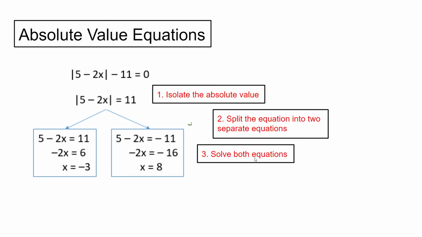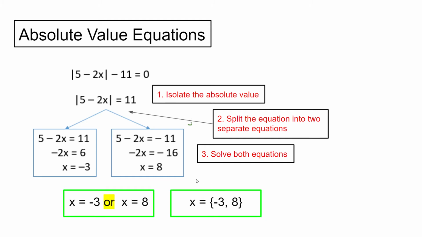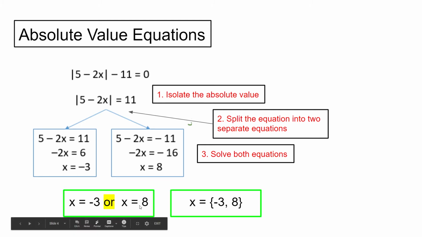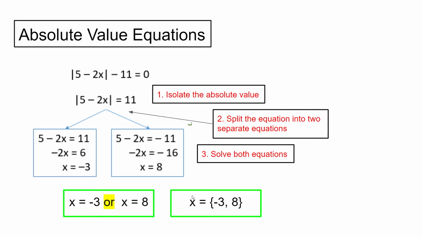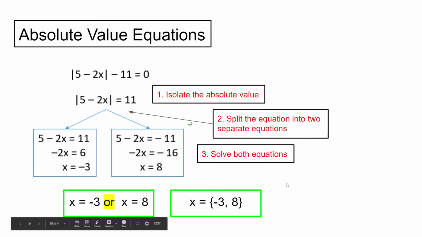We then solve both equations by subtracting 5 from both sides, and then dividing by negative 2. This leads to the solution x equals negative 3 or x equals 8. This can also be written like this, and some algebra teachers may prefer you to write it like this.